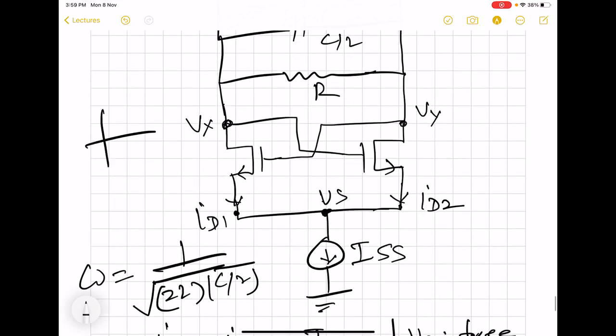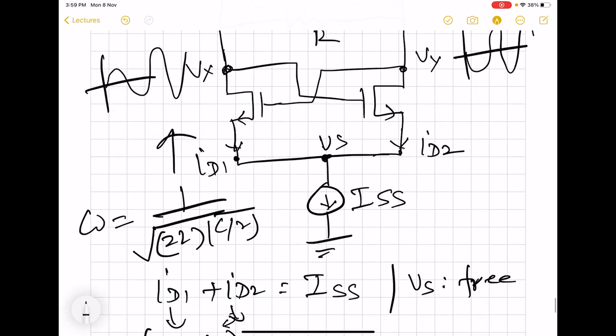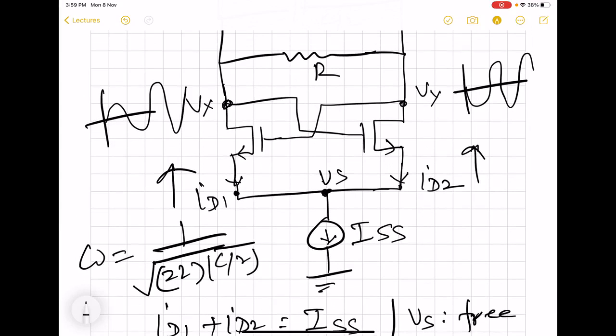But now as these inputs start growing, these drain currents will also start increasing, and when these X and Y outputs become very large, one of the MOS will be fully on and the other will be almost off. That means one of them will be like an on switch, the other like an off switch.